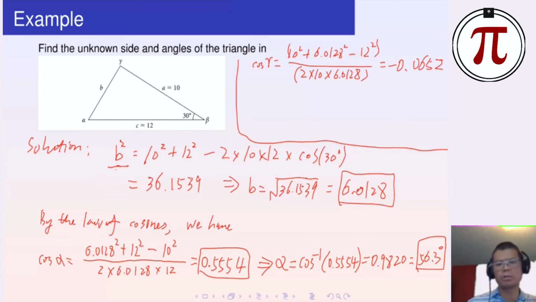Inside the parentheses is 2 times 10 times 6.0128. Then close the parentheses. Anybody got this?